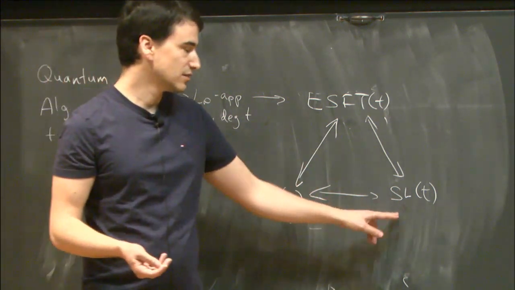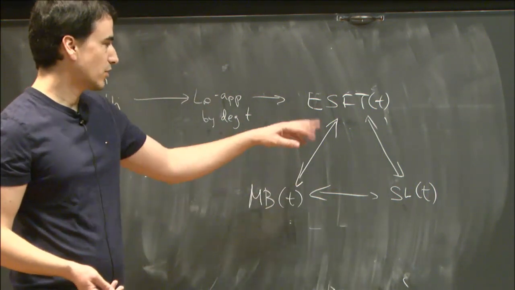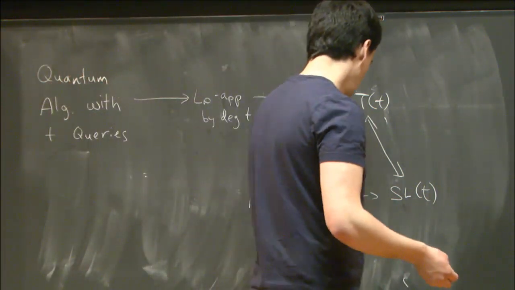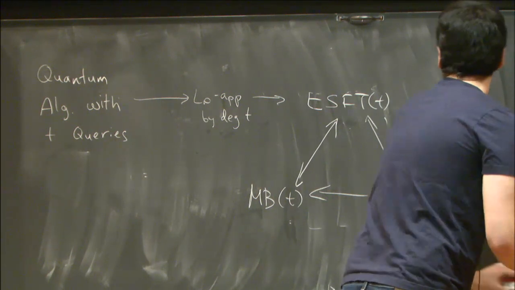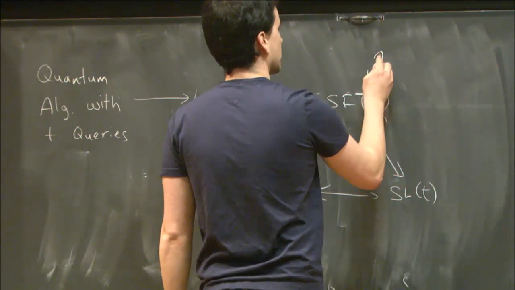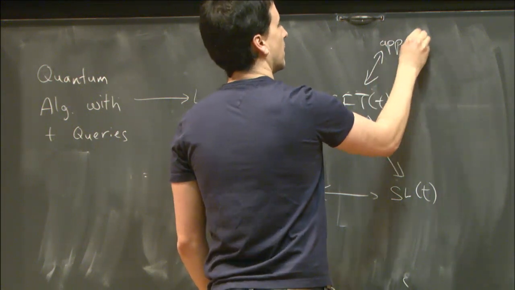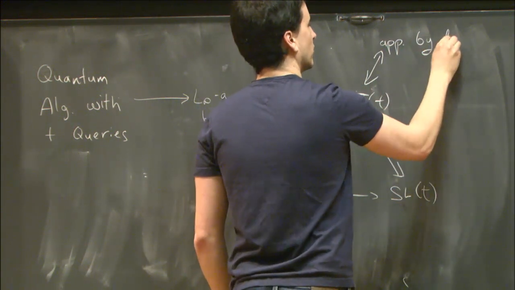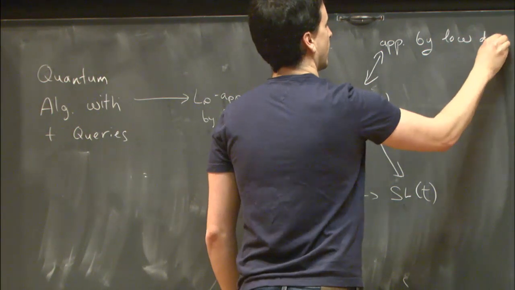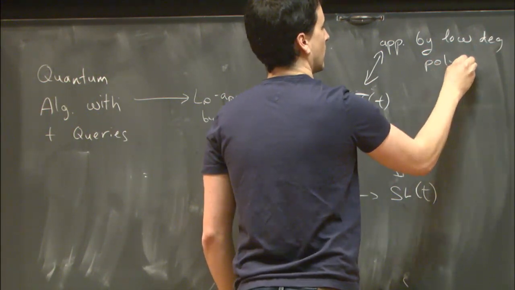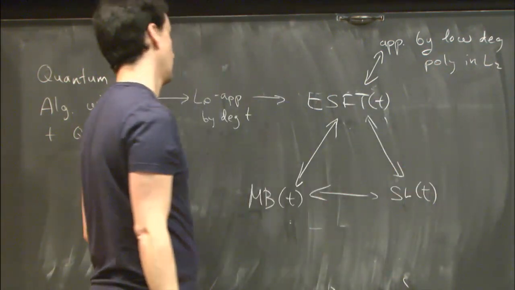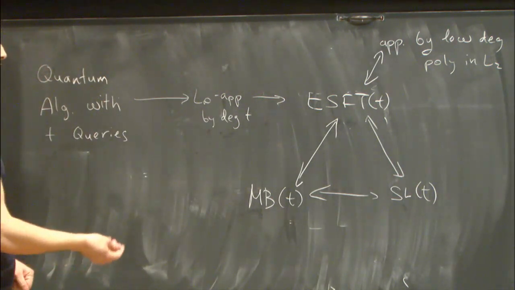I will define it next and show the equivalence. This also, we already saw, is equivalent to being approximated by a low degree polynomial in L2.